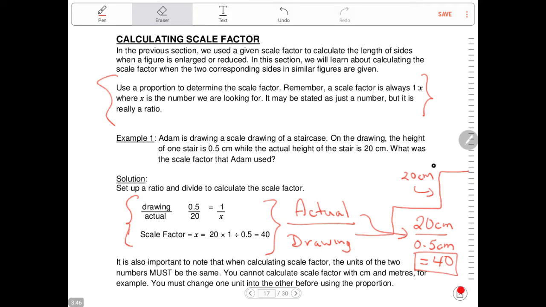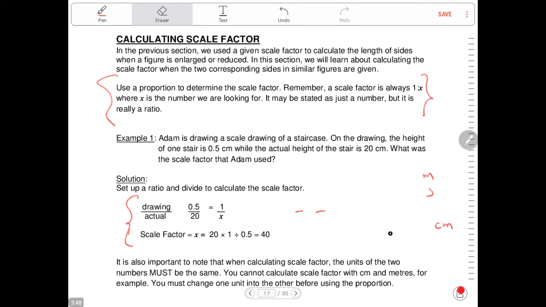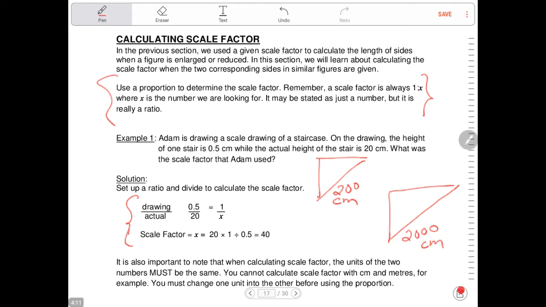If I just put that in a different context, just to prove to you that it works, because, again, I'm not following the notes that are printed out here. If I had this is my drawing, and on my drawing, this side of the triangle is 200 centimeters. Well, in real life, the actual length of that triangle is, let's say, 2,000 centimeters. And someone says to you, okay, well, what's the scale factor?